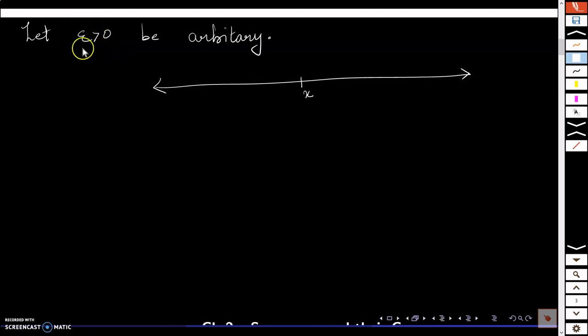For any positive epsilon, I will have the epsilon neighborhood of x, which I defined in the last slide. Now, if it is possible for you to put the entire tail of the sequence in this neighborhood.